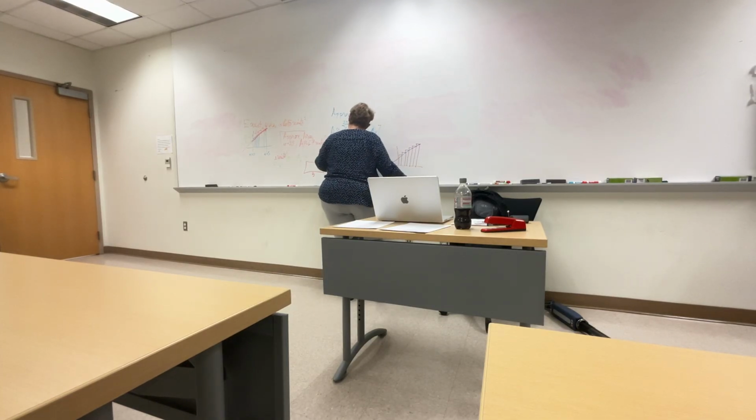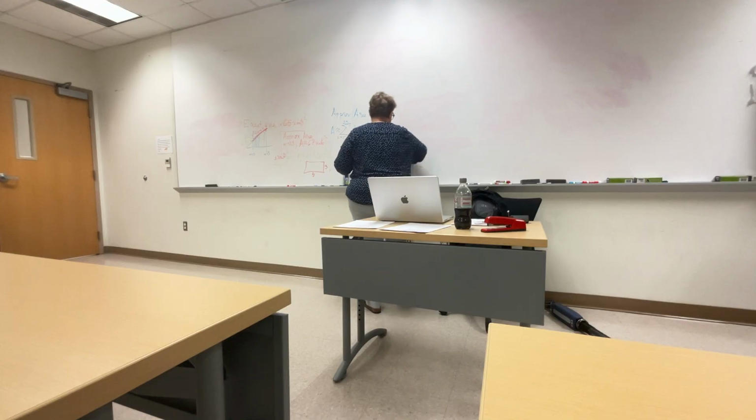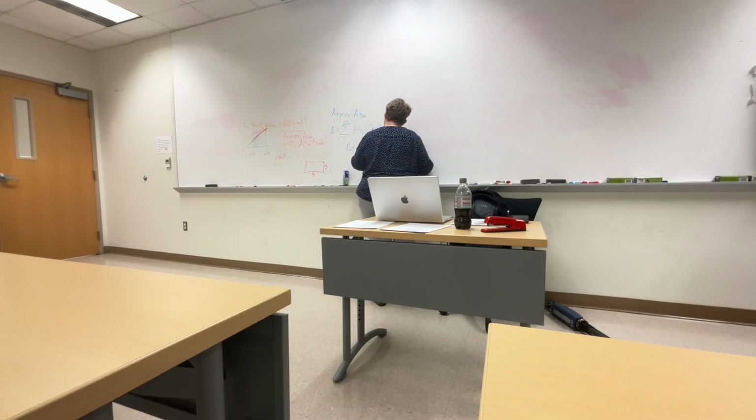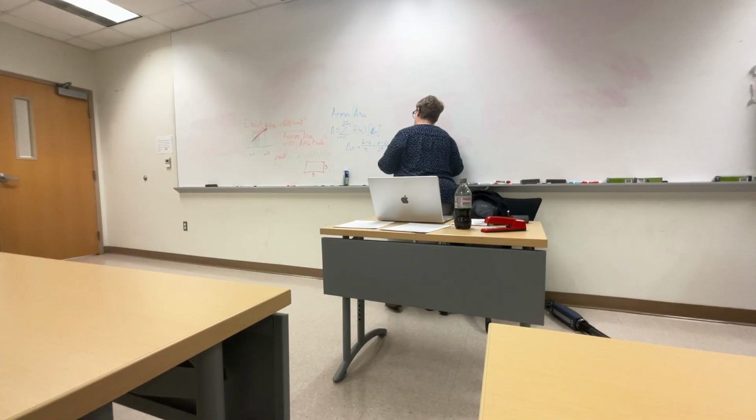To find delta x, we are always going to do b minus a over n. So here b is 5, a is 0, n is 25. 5 over 25 is 1/5.